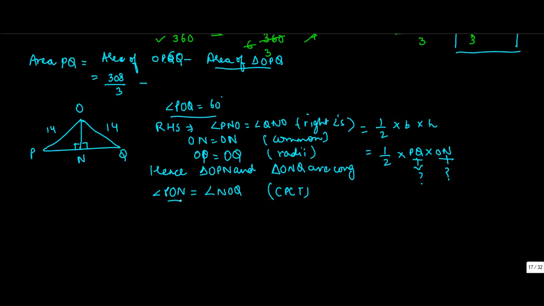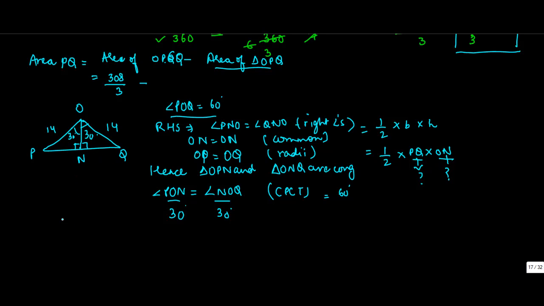But we know that the sum of this and this is equal to 60 degree. Hence, both of them have to be equal to 30 degree each. So this is 30 degree and this is 30 degree. And with this, our problem of computing ON and NQ becomes easier.